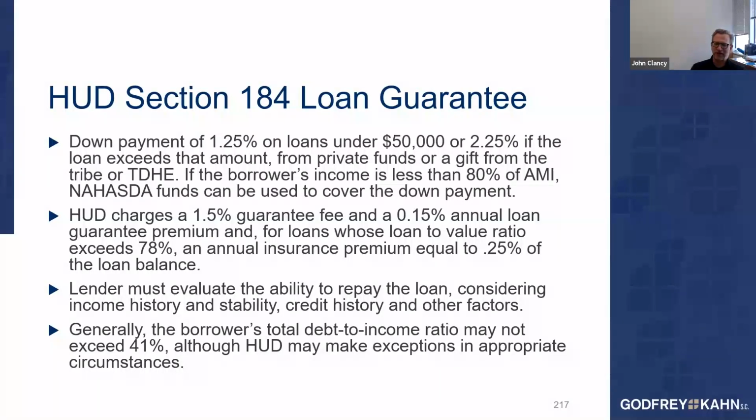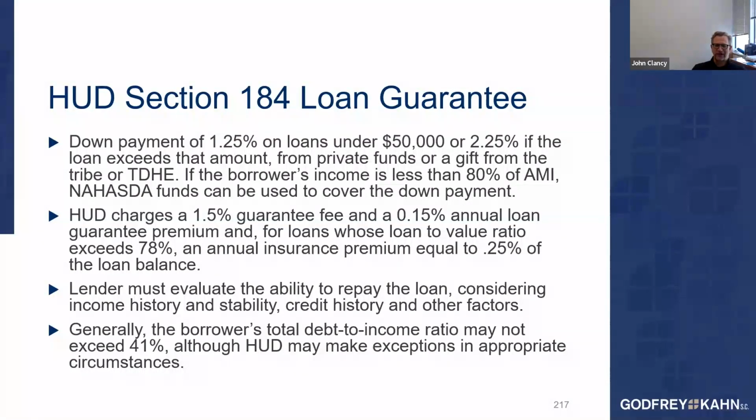So they're basically making sure the bank is not going to slough off because they know the federal government's going to back up the loan. They want them to evaluate it as strongly or more critically than they would a loan to an individual where it's not guaranteed, so that hopefully the guarantee never needs to be exercised. And to do that, they basically have a debt to income ratio that can't be exceeded.